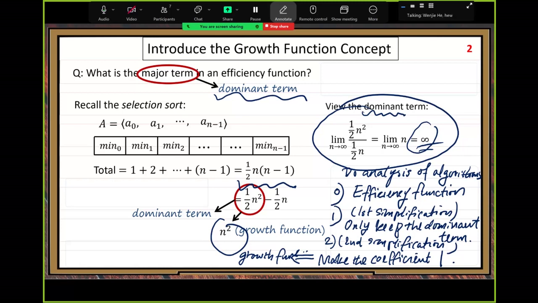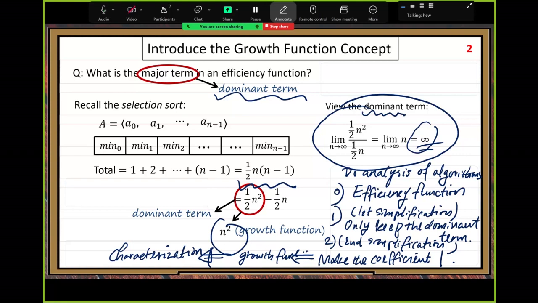Remember the last time we talked about why we do this: we want to do characterization of our algorithms. We want to put our algorithm in an appropriate category. So the second round of simplification is for this characterization purpose, to get the same category.